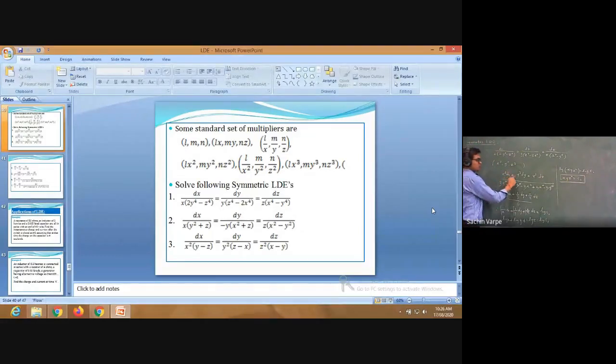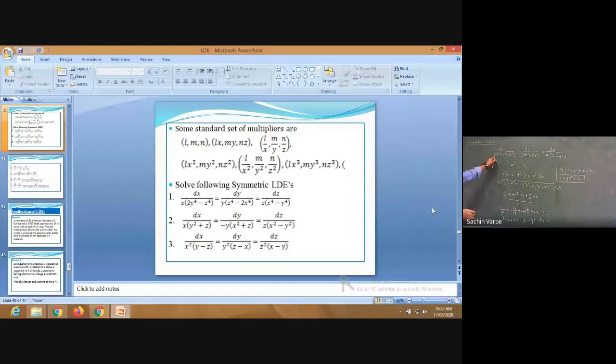When I multiply this by x cube, y cube and z cube and add, what will be the denominator? 2x raised to 4 y raised to 4 minus x raised to 4 z raised to 4 plus y raised to 4 z raised to 4 minus 2 y raised to 4 z raised to 4 plus x raised to 4 z raised to 4 and minus y raised to 4 z raised to 4, isn't it?